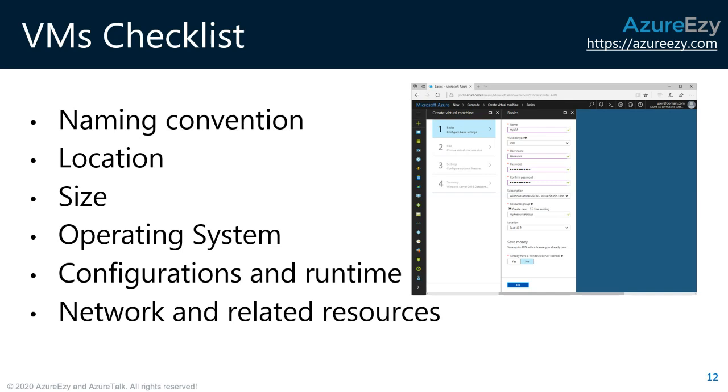So when you create a virtual machine, and if this virtual machine is not supposed to be exposed to external users, which is the case in most organizations, right? In most organizations, you don't really use a virtual machine on the internet. So you have to take into consideration that you are not attaching any public IP to your virtual machine.